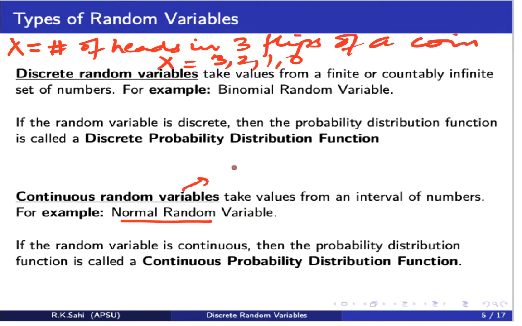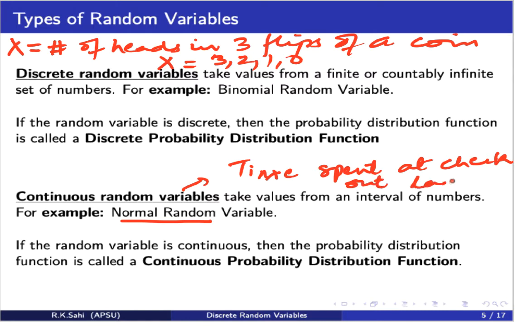That's an example of a continuous variable: the time spent at the checkout lane in a store. We cannot say a fixed time, because some people would spend just 1 minute because there are fewer groceries to pick up, while somebody else has a lot of groceries.